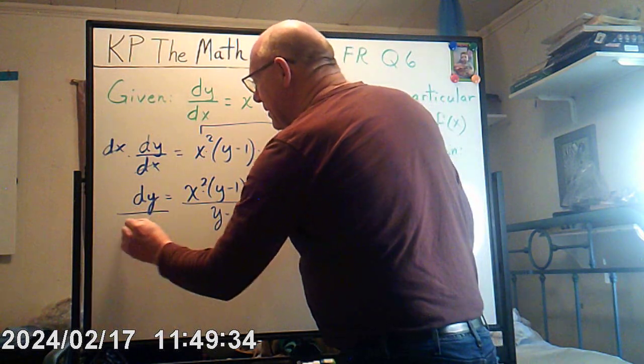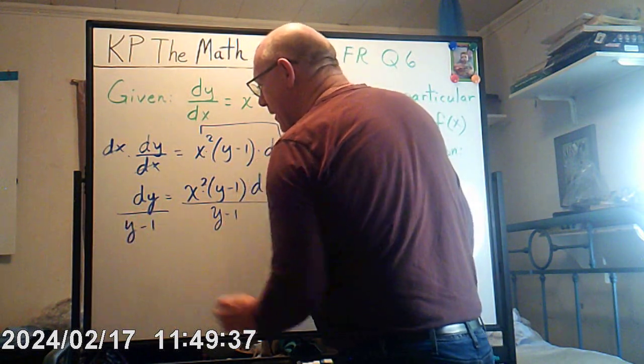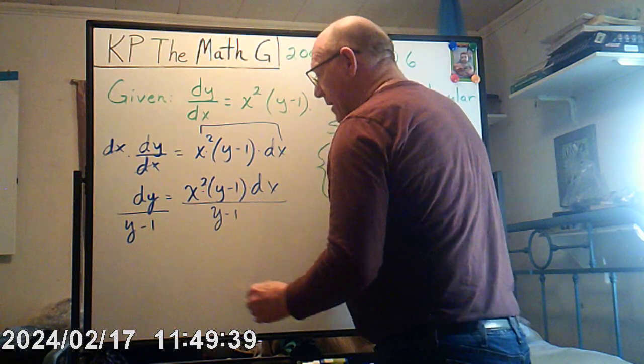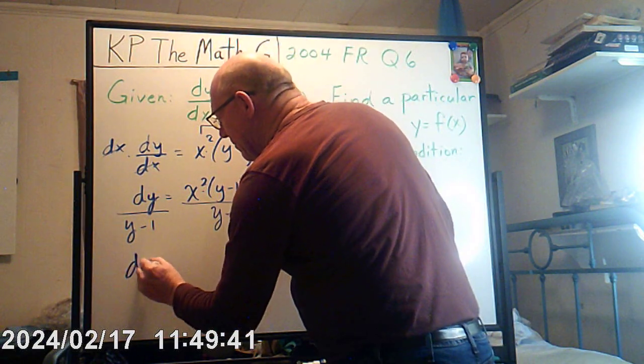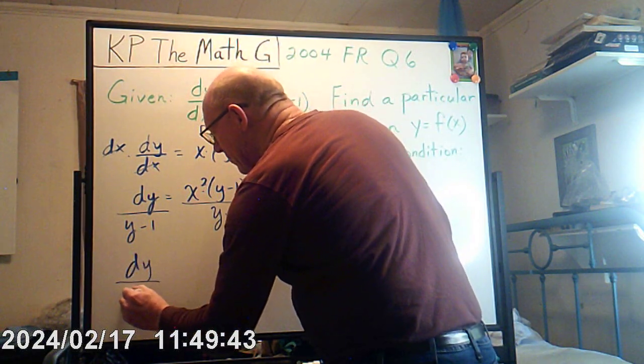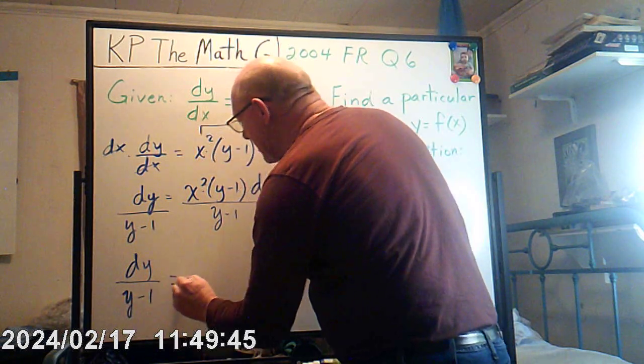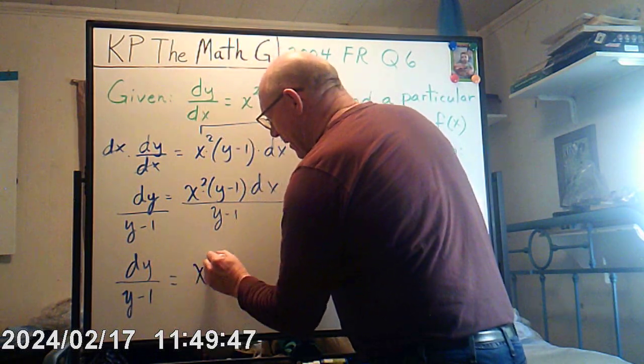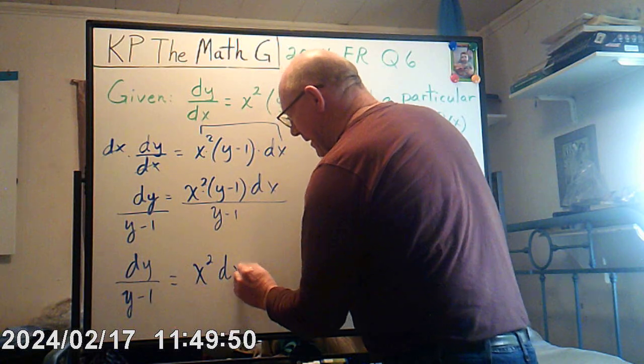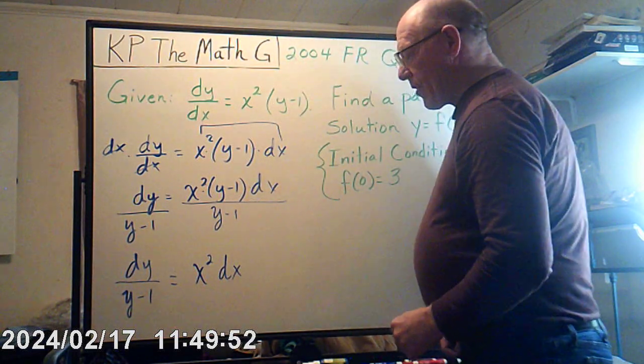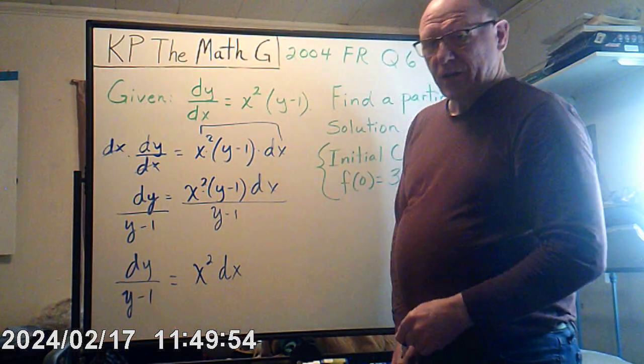So what we have here is dy over y minus 1 is equal to x squared dx. Alright, that's where we are.